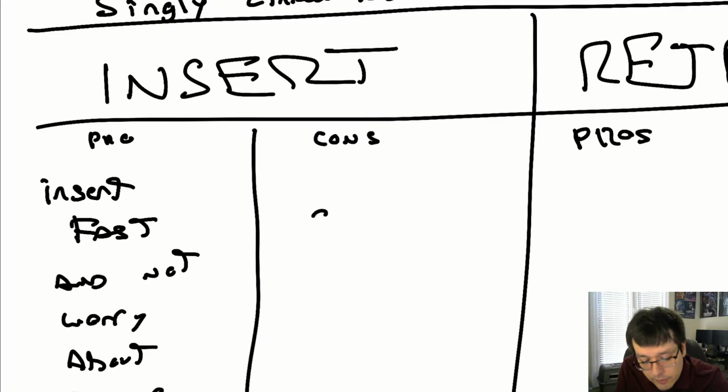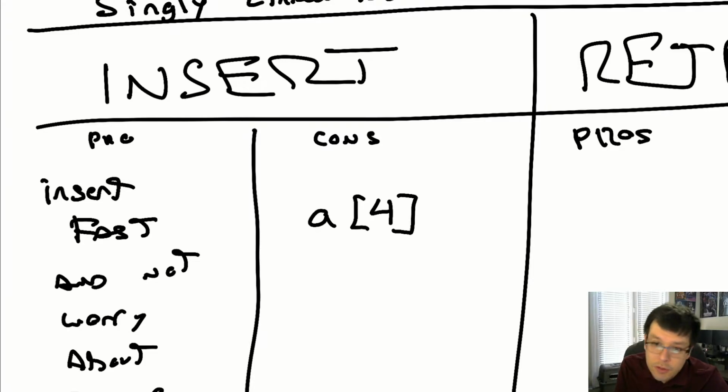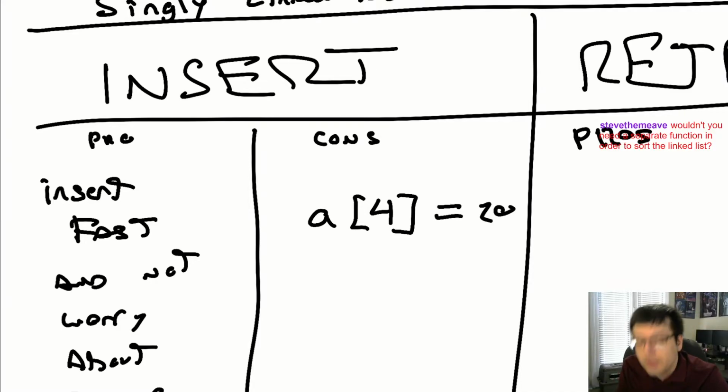If your array is called A and you want to replace the 5th spot, that's going to be index 4, because you start from 0: 0, 1, 2, 3, 4. And you just say replace that with 20, assuming this is an array of integers. With a linked list, however, you can do this, but you can't do it immediately.